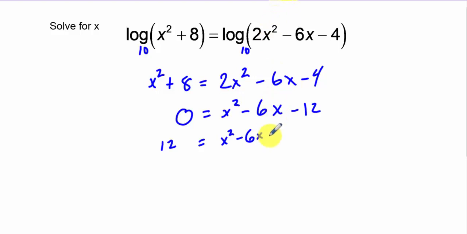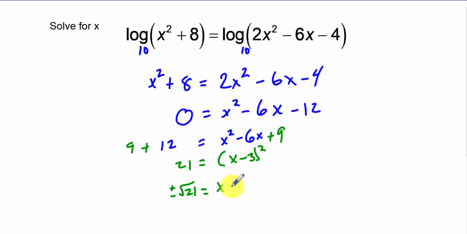Take half and square, so add 9 and 9. Have x minus 3 quantity squared equals 21. Square root both sides, so I have plus and minus root 21 equals x minus 3. So 3 plus or minus root 21 is equal to x.